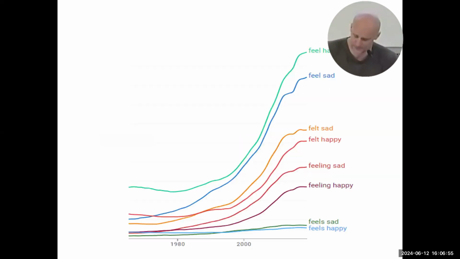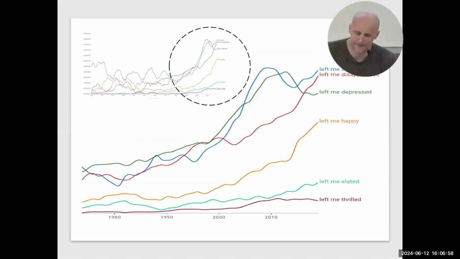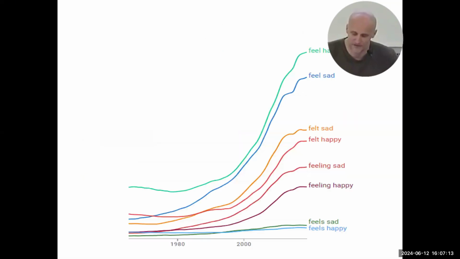Now, in the case of the construction that I'm interested in, the semantic prosodies are not very clear. They are both positive and negative at the same time, but there is a strong bias toward negativity, okay? Now, this negativity does not come from the verb feel, because if you look at feel, it goes with happy and sad pretty much equally frequently. So feel happy is more frequent than feel sad, but then felt sad is more frequent than felt happy. So feel is more flexible.